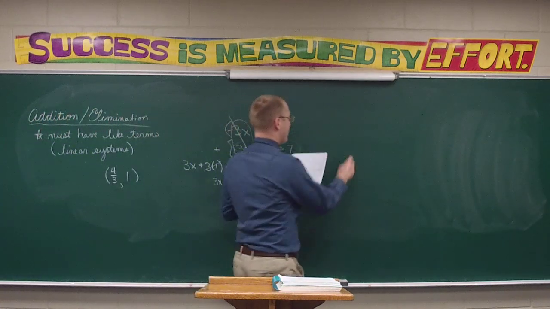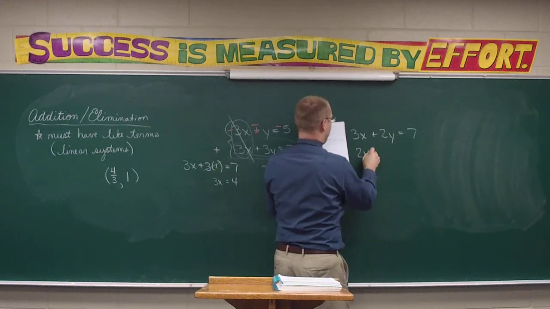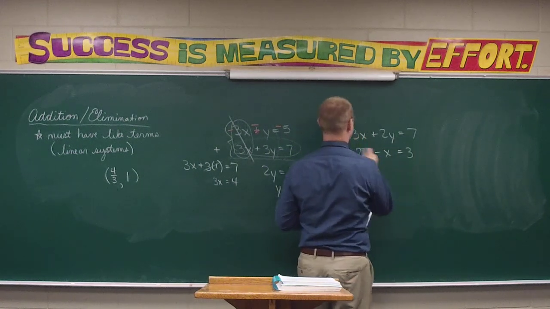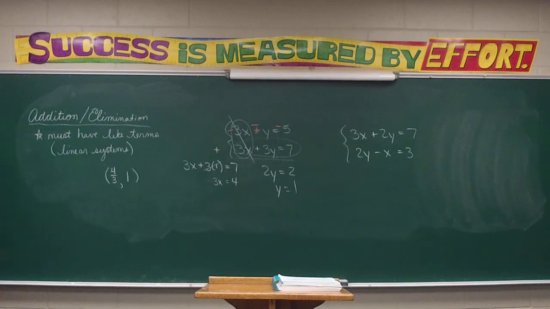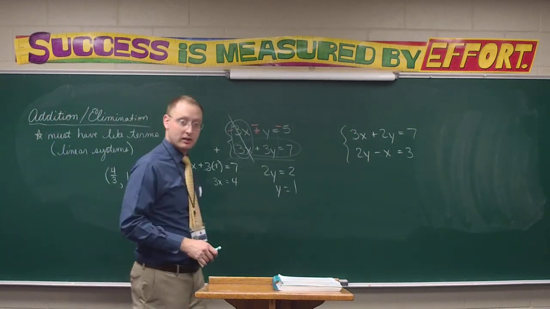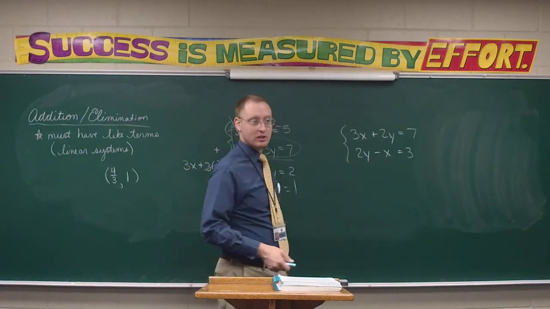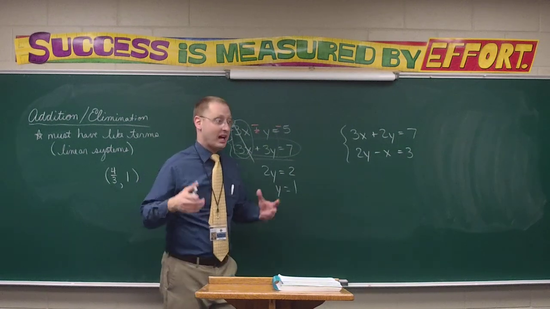Write this down. 3x plus 2y equals 7. 2y negative x equals 3. I told you step number 1 is to, looking at your notes, line up like terms.